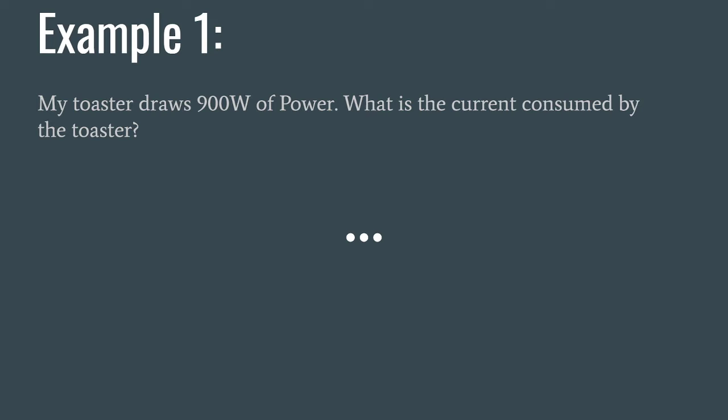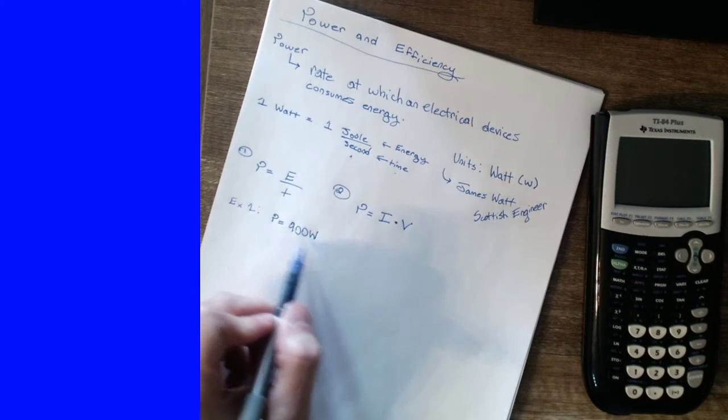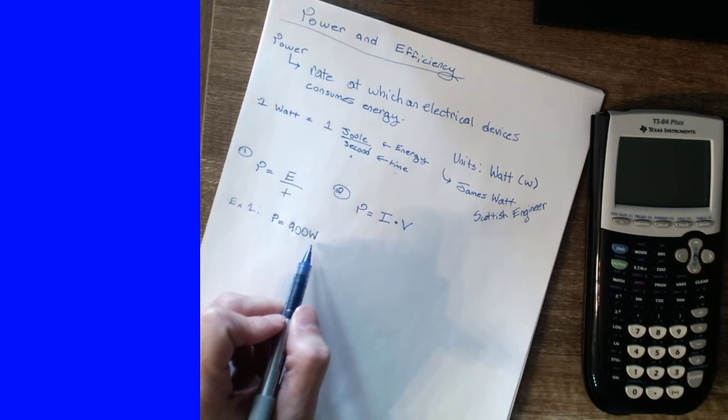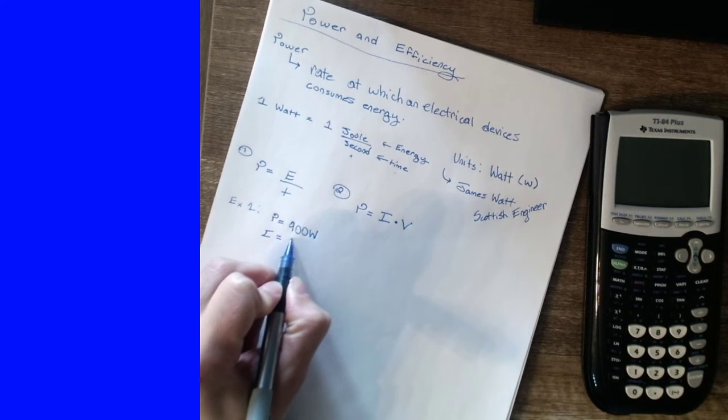So we know that the power is equal to 900 watts, and we actually want to know what the current is. So you guys can maybe copy that question down. So I have that the power is equal to 900 watts, and I want to know the current.